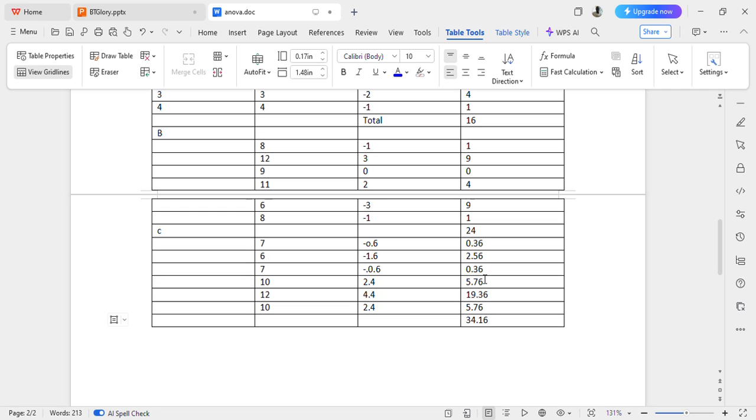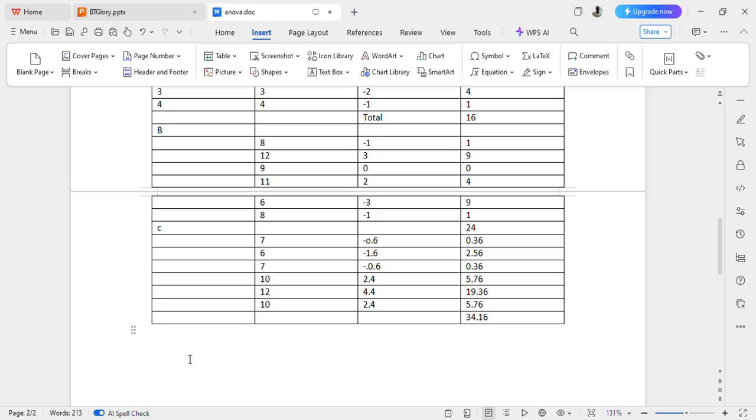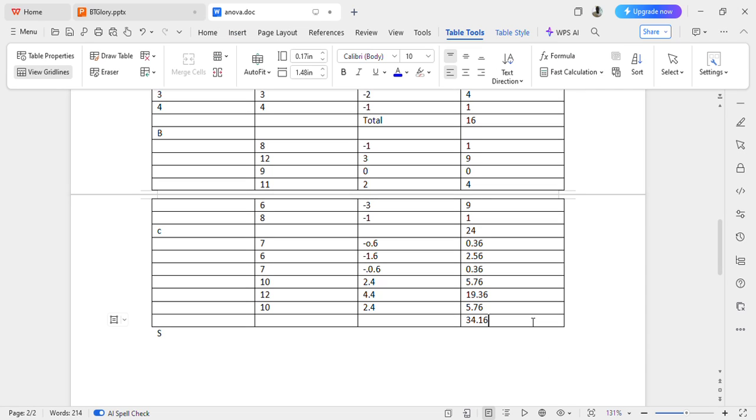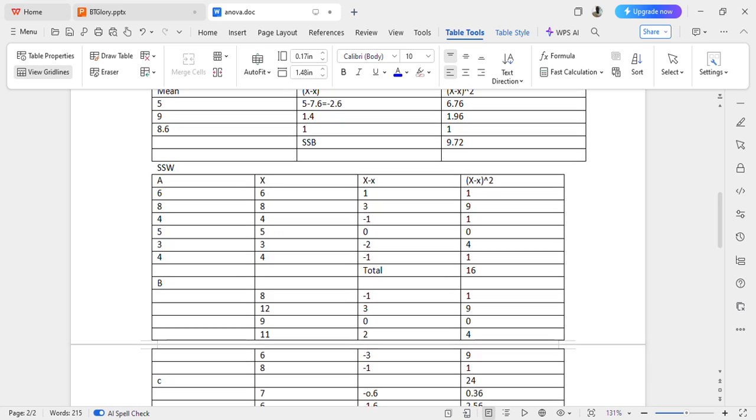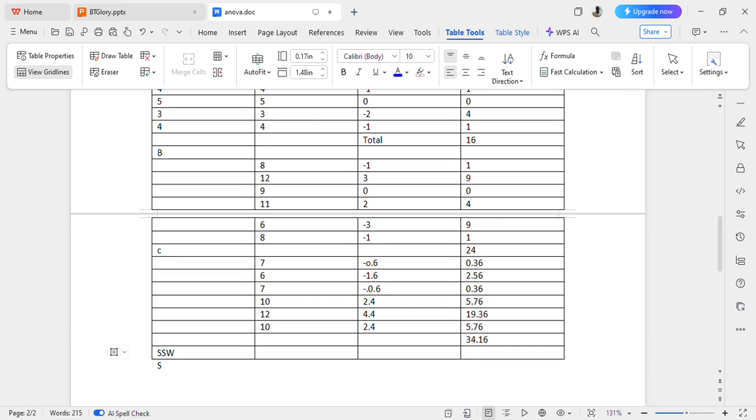Right. Remember the formula? Now, the total sum between, can we get the sum square within, it gives us how many? We say 9.72.